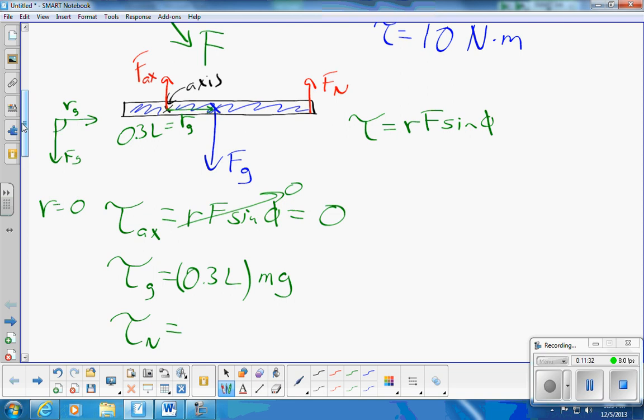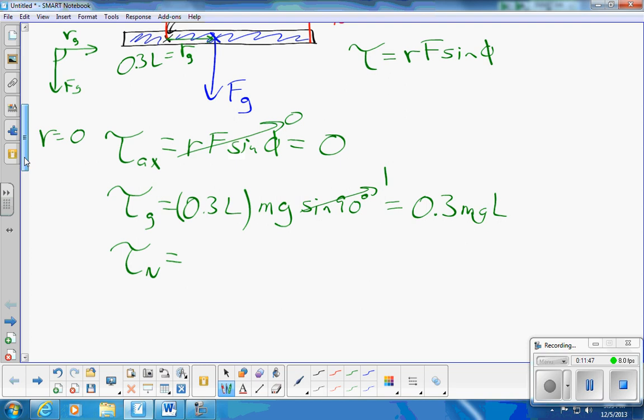So this becomes sine of 90 degrees, which gets us 1. And so the torque created by the gravitational force is 0.3 mgL. Again, you might notice that looks like a potential energy. It isn't. It has nothing to do with potential energy. mgL looks like energy, but it isn't.